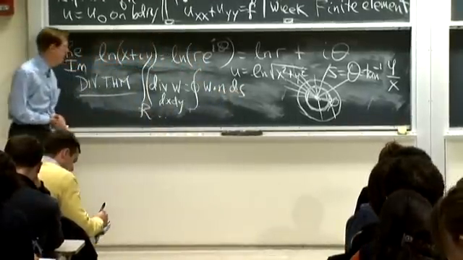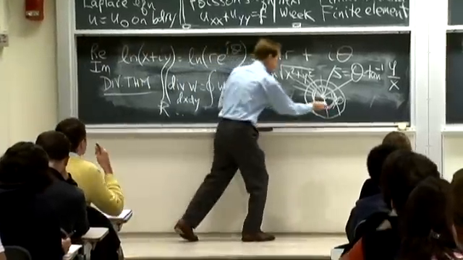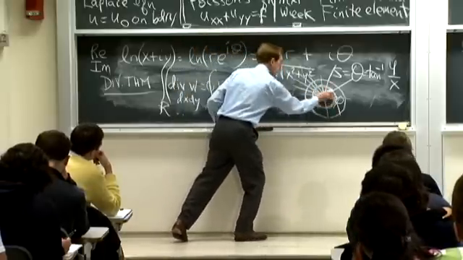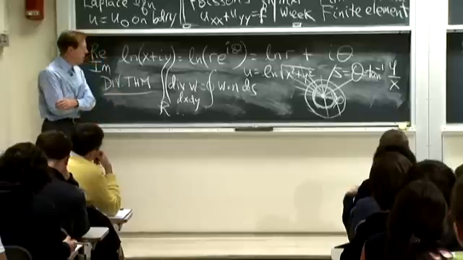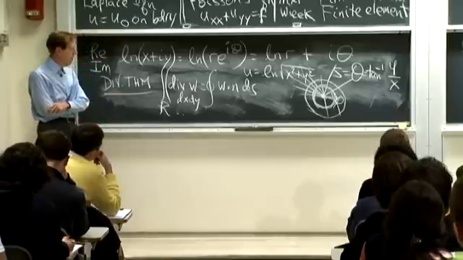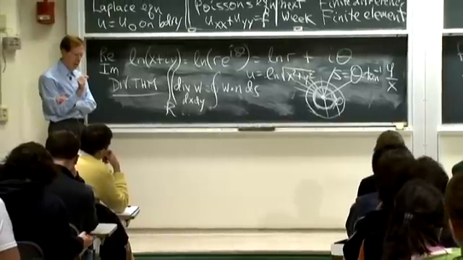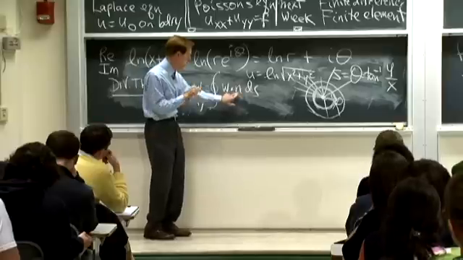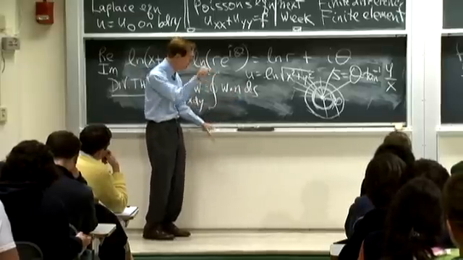Okay. And remember, my curve here is this nice circle. So I'm going to integrate around that circle. First of all, what is n? N is the normal. N is, by definition, the normal that points outward, straight out.